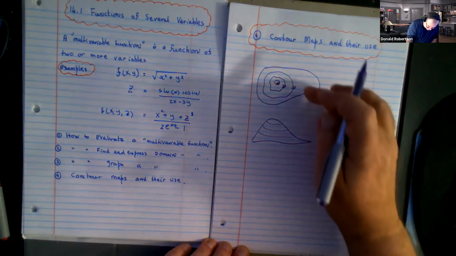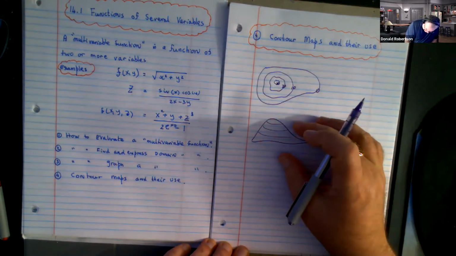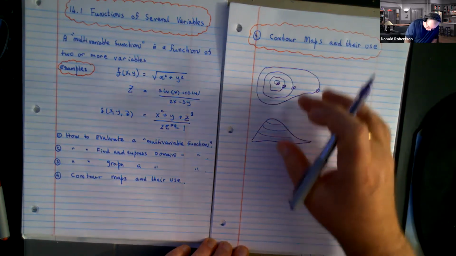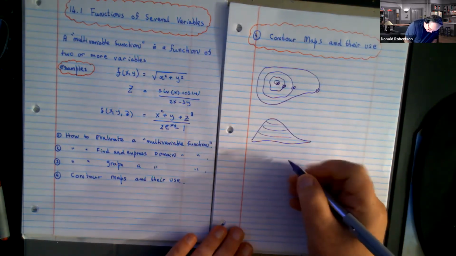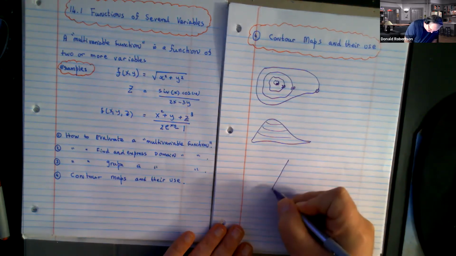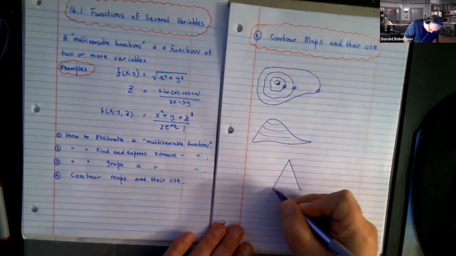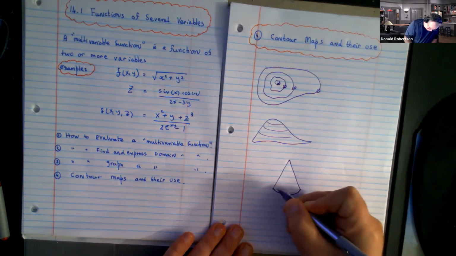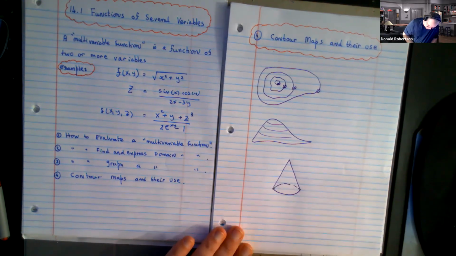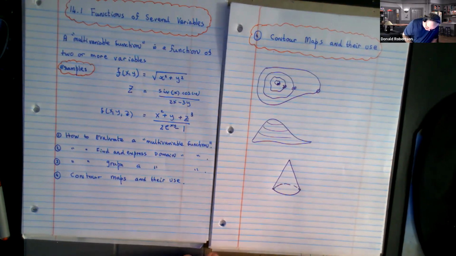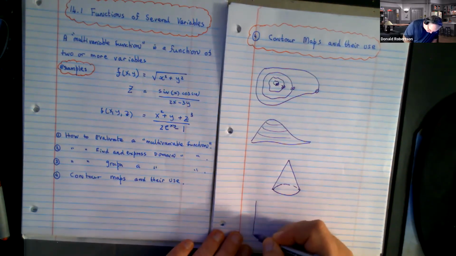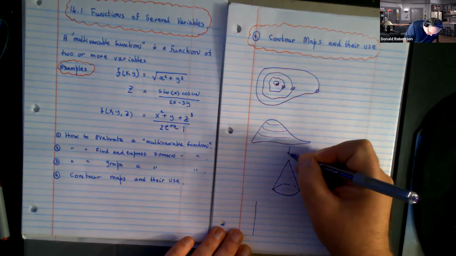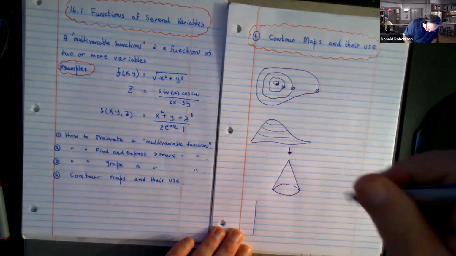So if you can take a contour map, you can actually visualize reasonably well what the surface of that hill would be. So if someone gave you a shape like a cone, and you wanted to create a contour map for that cone, what you would do is you'd imagine that you were flying above it, looking vertically down on it.